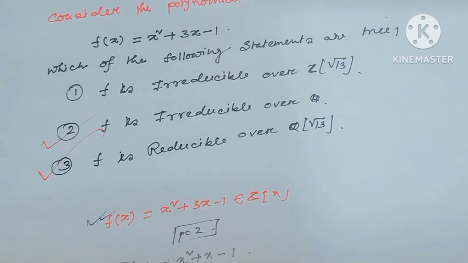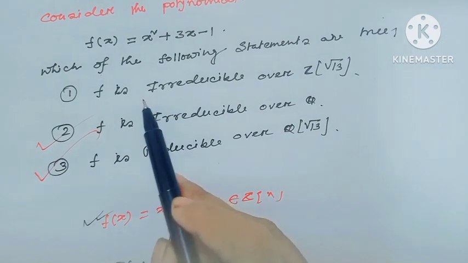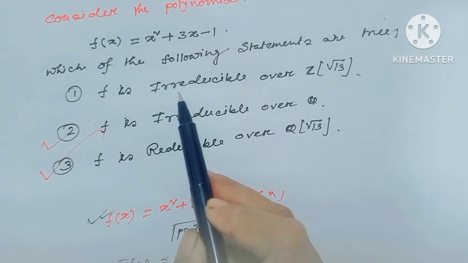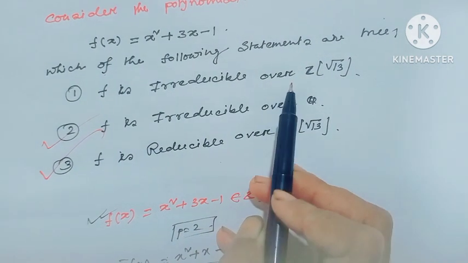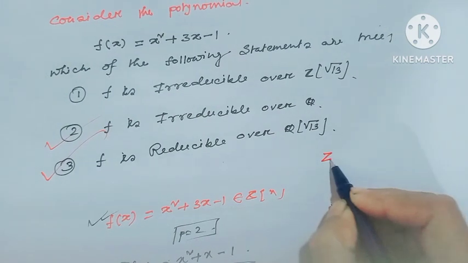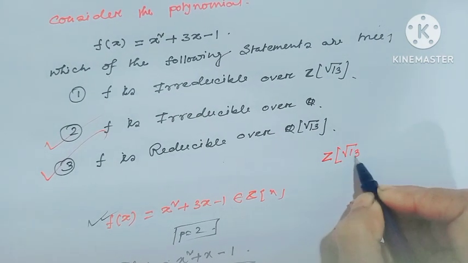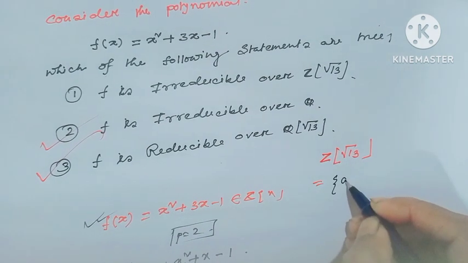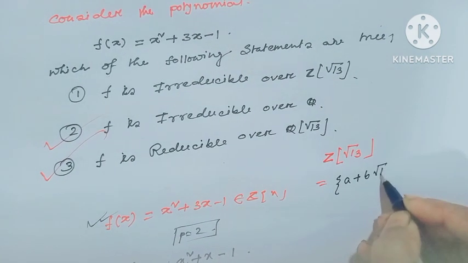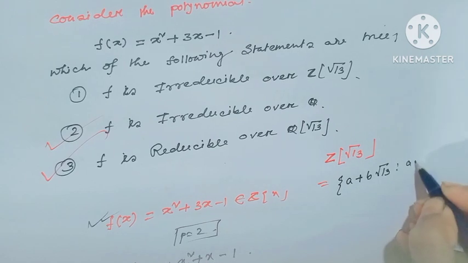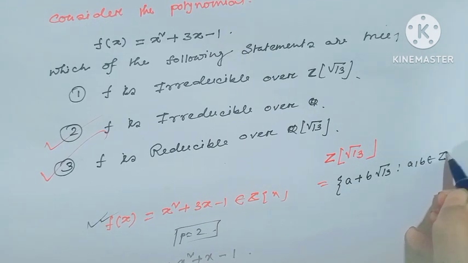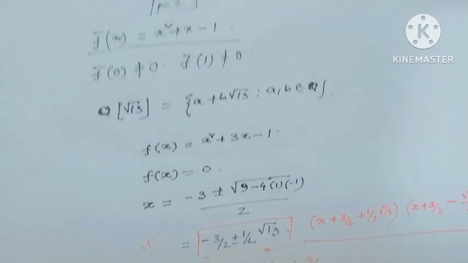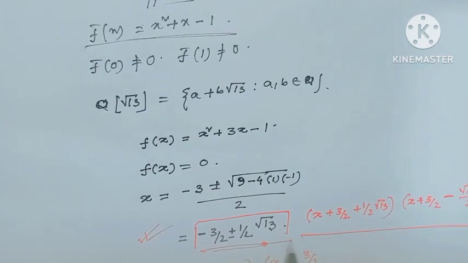Option 1 is also a right option. Here notice, it is given f is irreducible over Z[square root of 13]. Z[square root of 13] means, we all know, a plus b square root of 13 where a, b belong to integers. Here the root of this polynomial is of such type.